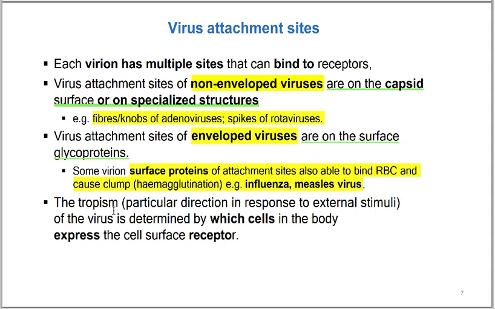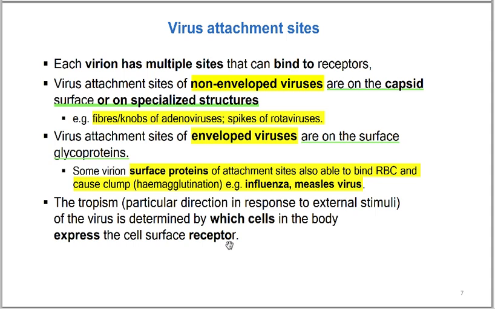And tropism, that means the particular direction in response to extracellular stimuli of the virus, is determined by which cell in the body expresses the cell surface receptor. There are two important reasons why viruses are tissue specific. One, viruses are always looking for their favorable environment. When they find the favorable environment, they will bind there. So each tissue provides a favorable environment for each type of virus.